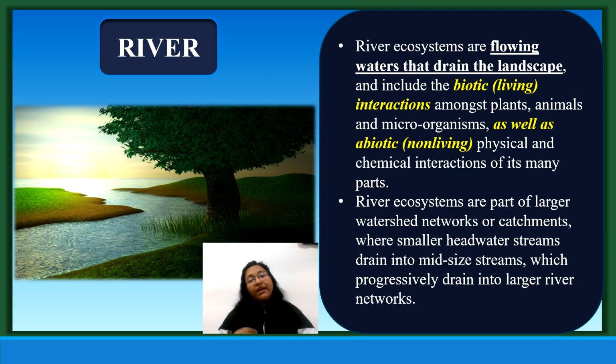Rivers have many biotic and abiotic components, and these components form different types of interactions. River ecosystems are thus part of larger watershed networks or catchments, where smaller headwater streams drain into mid-sized streams which progressively drain into larger rivers.